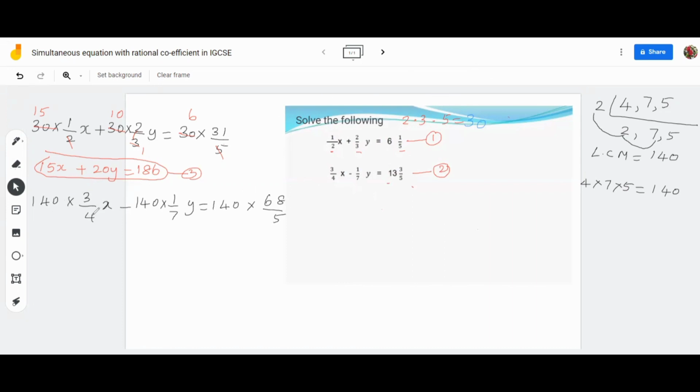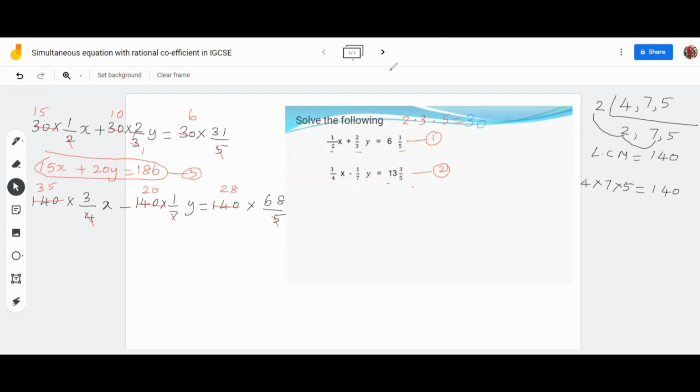Let's simplify. How many 4's in 140? 35. How many 7's in 140? 20. How many 5's in 140? 28.